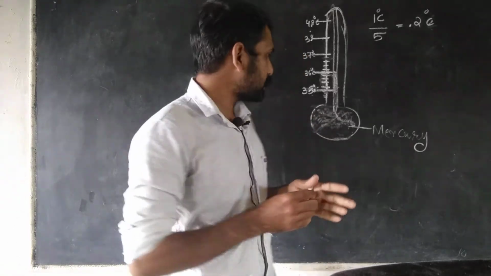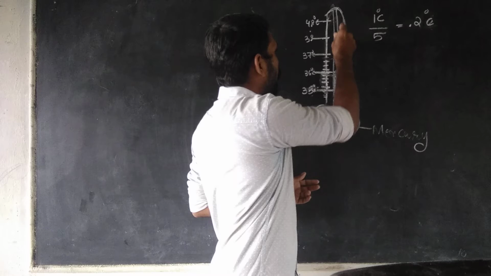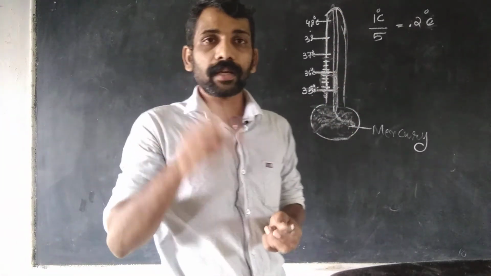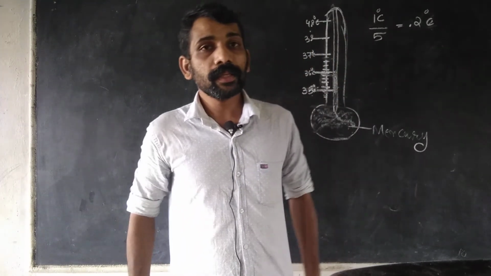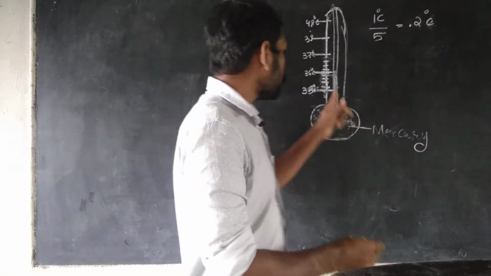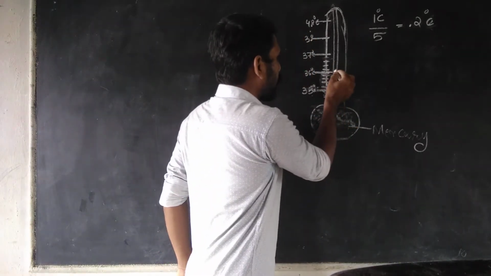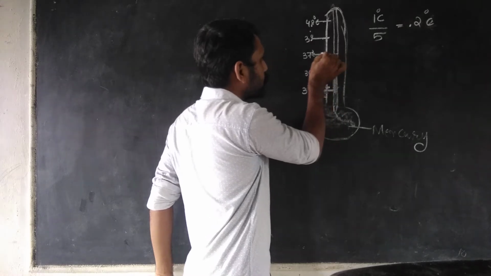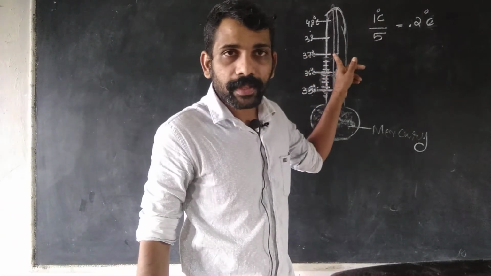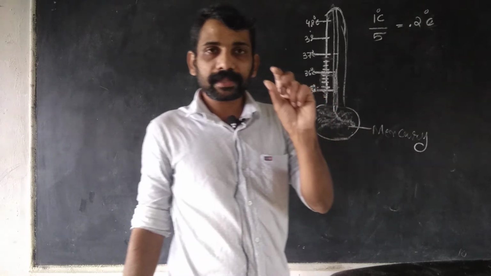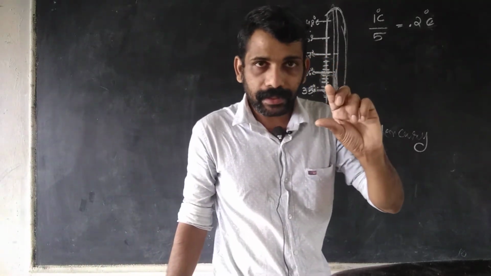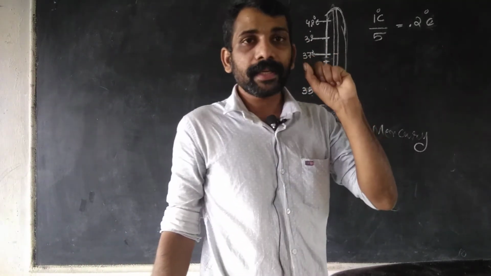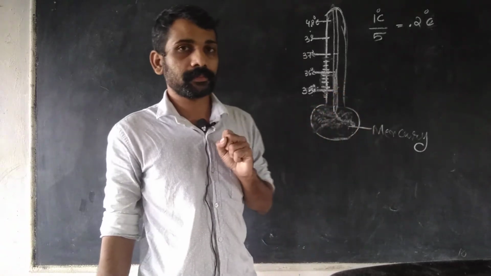Understand? The narrow tube with mercury is called the mercury thread. If the mercury thread stands at the same level as the next bigger mark, then we can say that the temperature is 37 degrees Celsius.